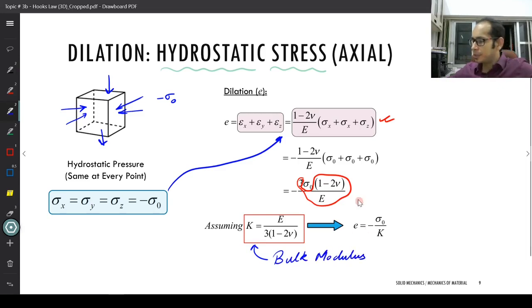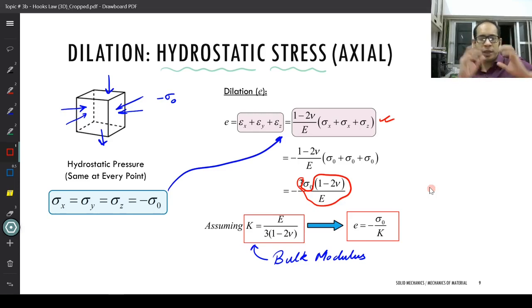So simply this expression at the very end of the day can be reduced to a very simple expression for a hydrostatic state of stress, that is a body which is underwater having the same sigma along all the directions. What you essentially get is that your dilation, that is the E, the change in volume divided by the original unit volume, is going to be the negative of the hydrostatic stress, sigma naught, divided by the bulk modulus K, right?